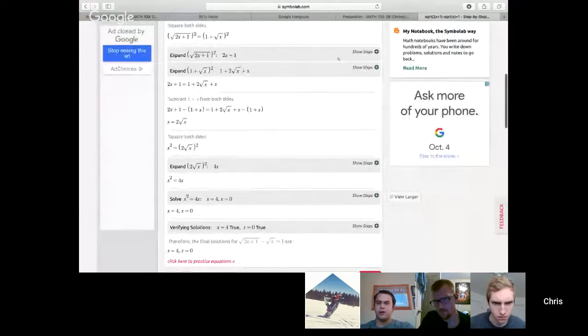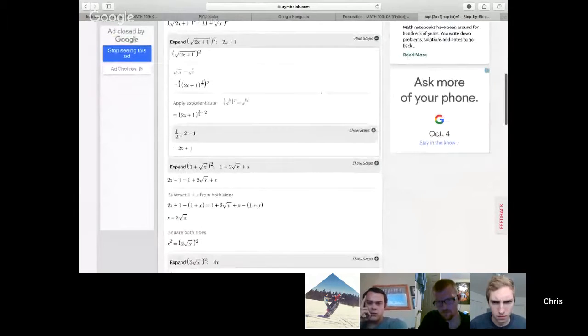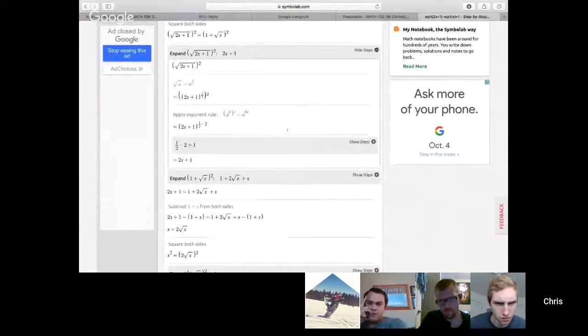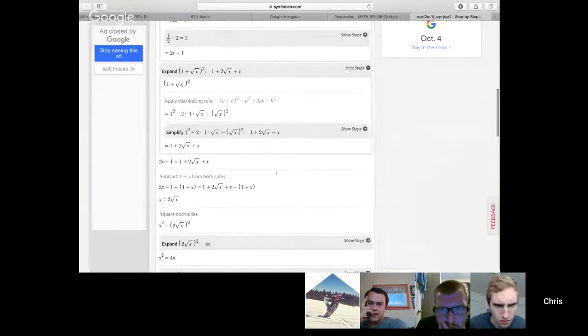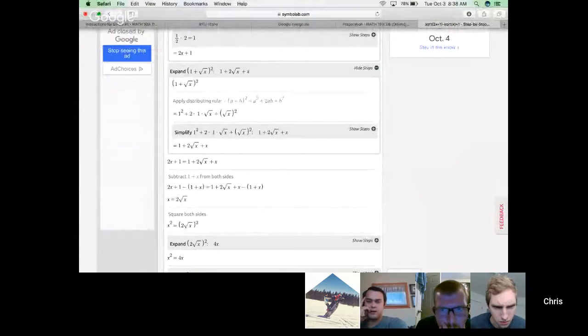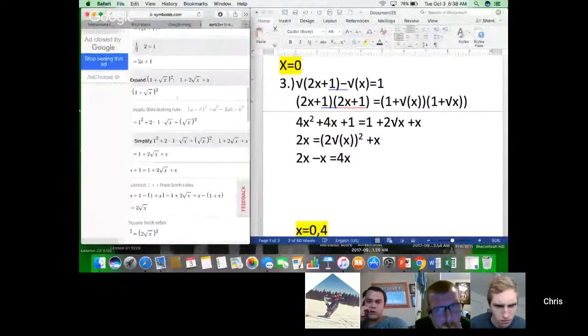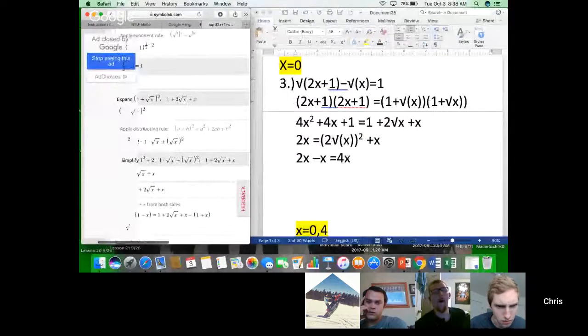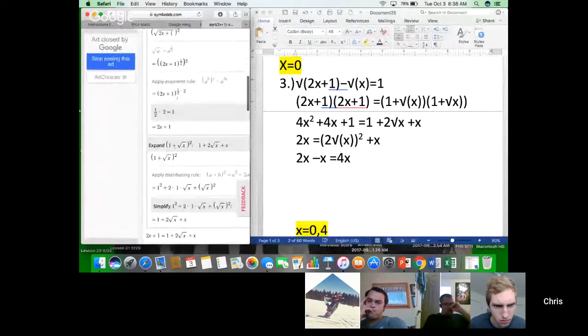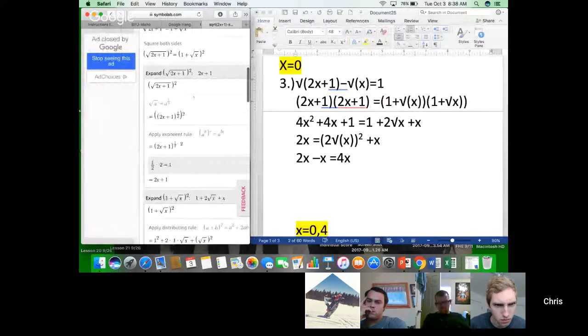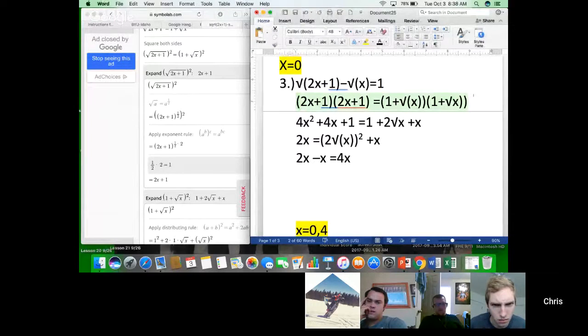So they expanded right there. They expanded the 1 plus square root of x. And that's where we kind of messed up, I'm thinking. Which got them the 1 plus 2 square root of x plus x, because they expanded it instead of just taking away the square root. Oh. So we messed up right from the start.